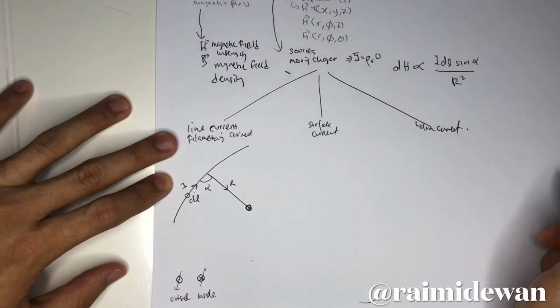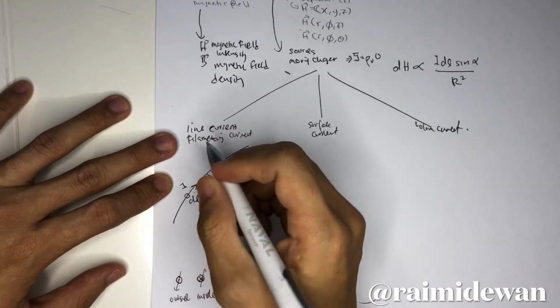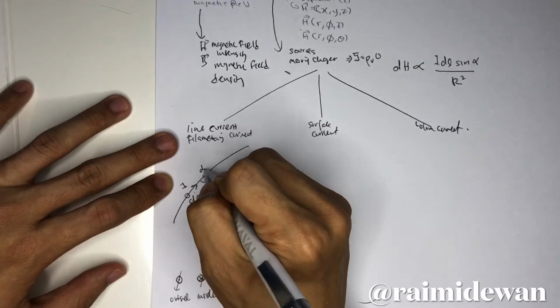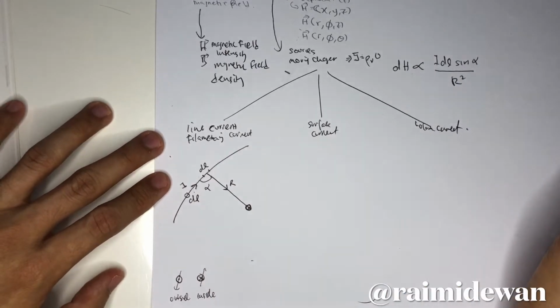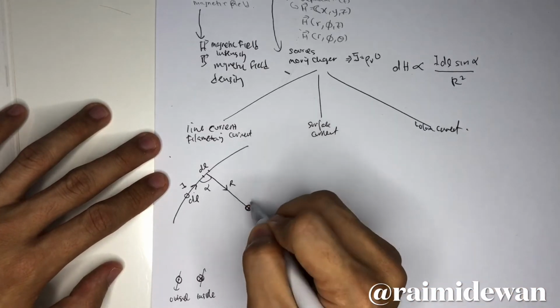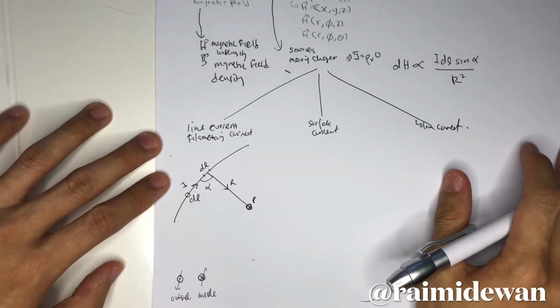This is your dl, and dl can be here or anywhere along the line. Let's say our sample is around here, so you take dl. This is point P. I use the same notation so you won't get confused with the study book.